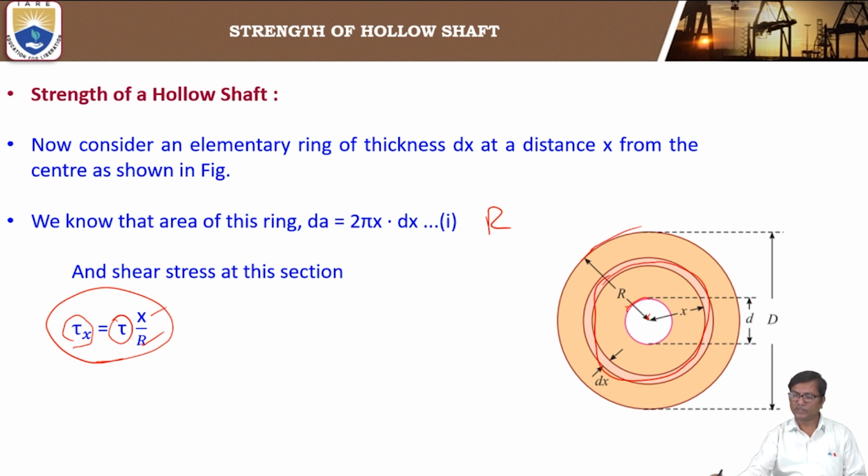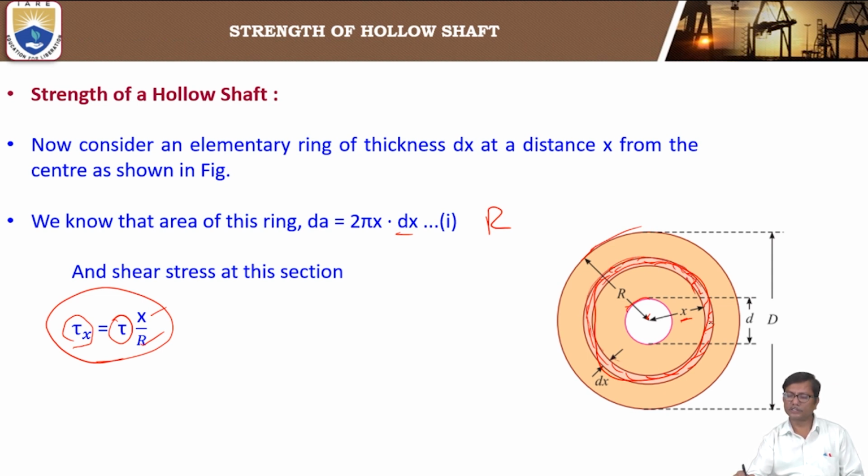For this, we consider a small elementary ring at a radial distance x, of thickness dx. The area of this elementary ring is the length multiplied by the thickness.